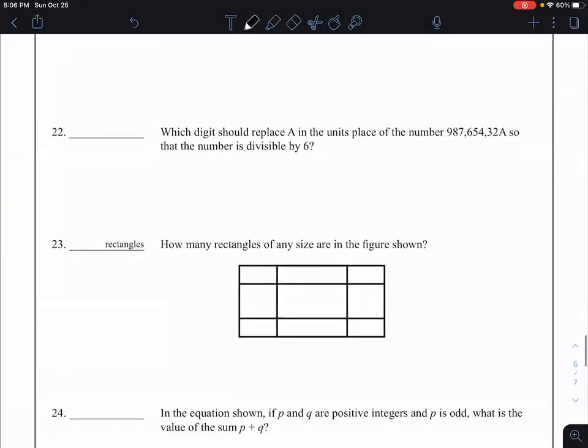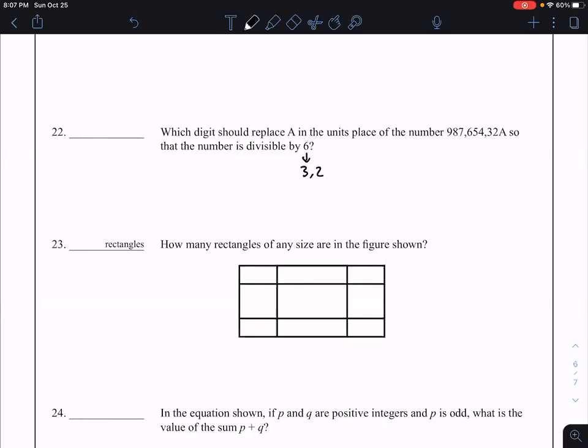Next, we're going to do 22. So 22 is asking which digit should replace A in the units place to make it divisible by 6. So if a number is divisible by 6, then that just means that it has to be divisible by 3 and 2.